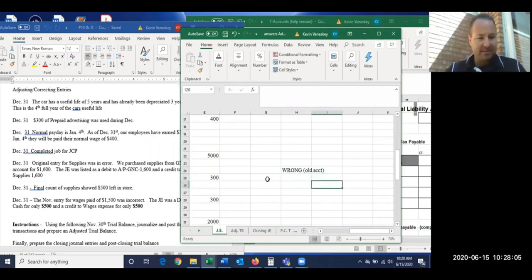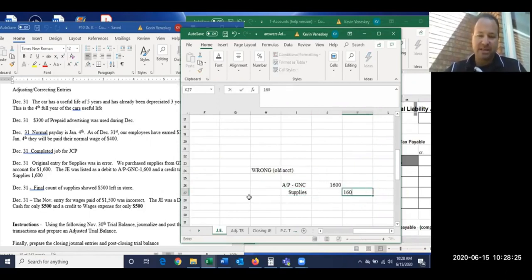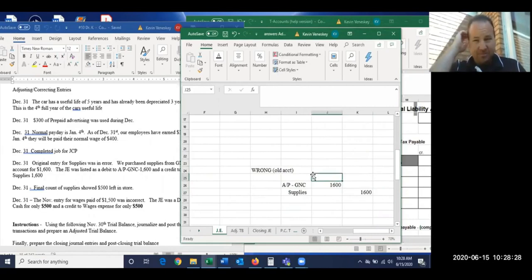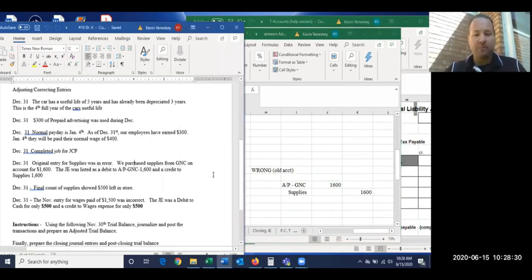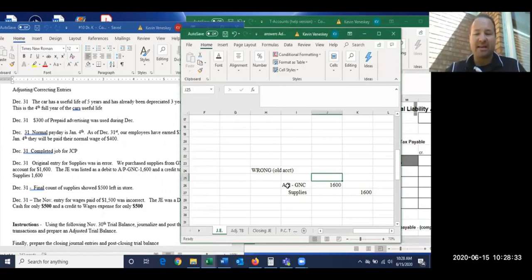They had a debit to the accounts payable for GNC for $1,600, and they had a credit to supplies for $1,600. And this is when they purchased supplies. So they didn't get a reduction on what they owe. No, they got supplies. So this should have been the debit, and this should have been the credit.